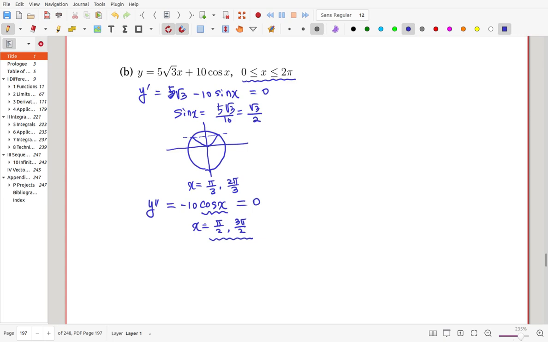There are basically 4 points here. In the beginning, we start with pi over 3. Let's try to put the x values far away from pi over 3. The x values are, the next one is pi over 2, then 2 pi over 3, and 3 pi over 2.